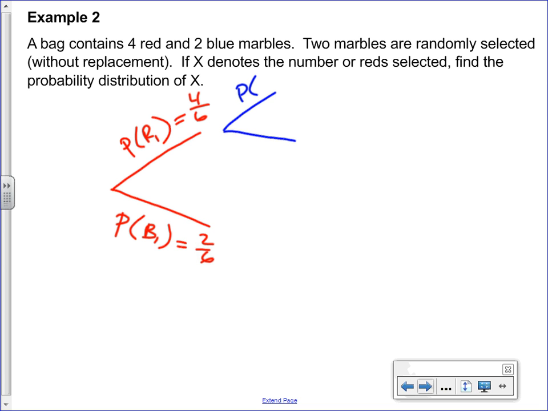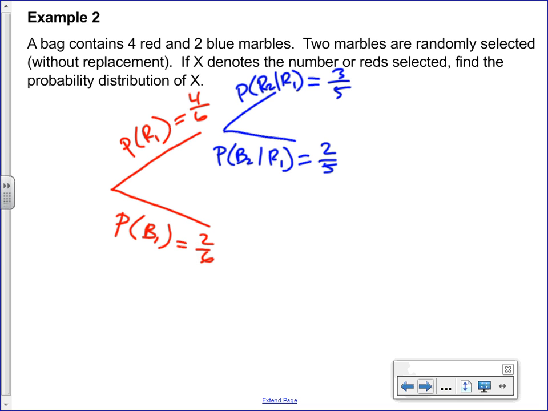Probability that your second marble is red, given your first marble is red, is 3 out of 5. So the probability that your second marble is blue, given your first marble is red, is obviously 2 out of 5, because that has to happen.